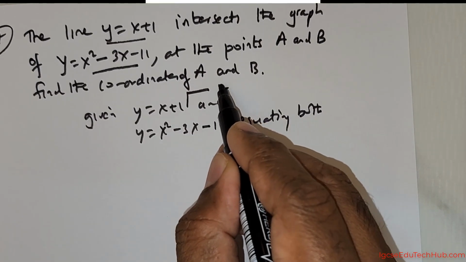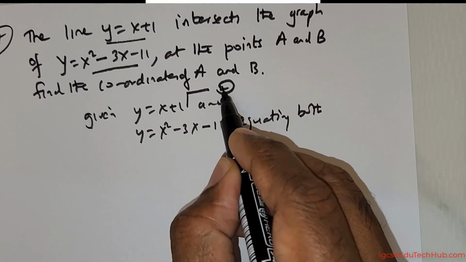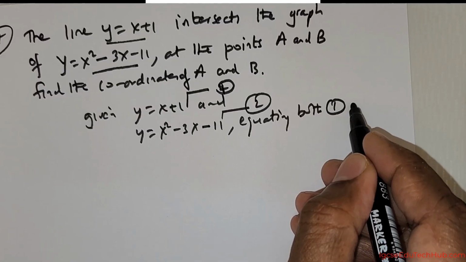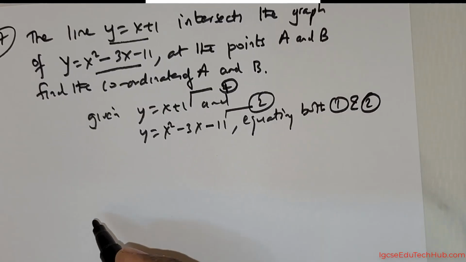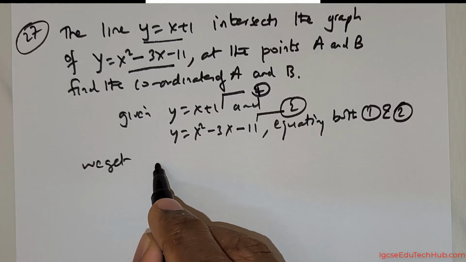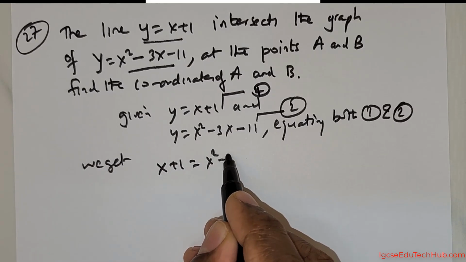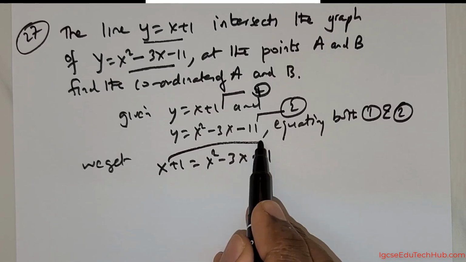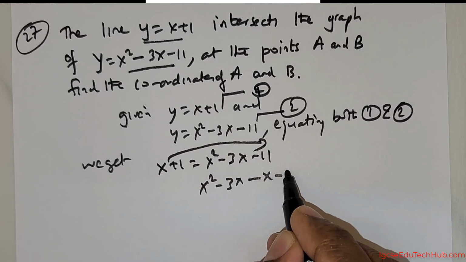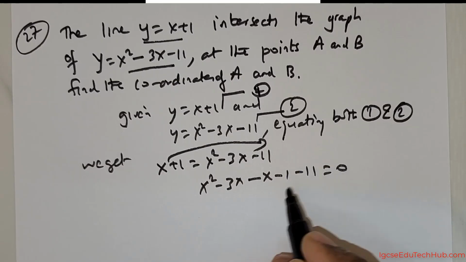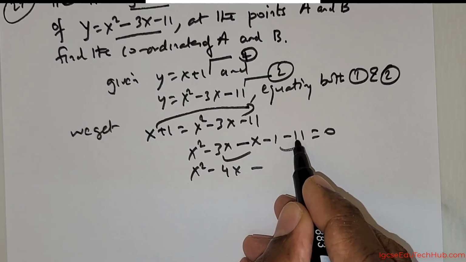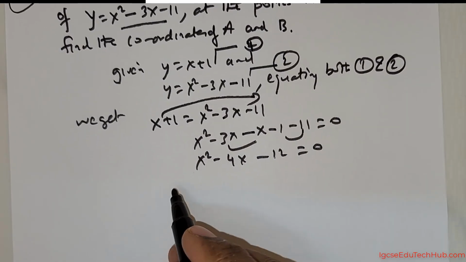If I take this as 1 and this as 2, equating both 1 and 2, we get x + 1 is equal to x² − 3x − 11. Bring everything to the right side. x² − 3x − x − 1 − 11 is equal to 0. This is x². Add these two, you get −4x. Add these two, you get −12 is equal to 0.